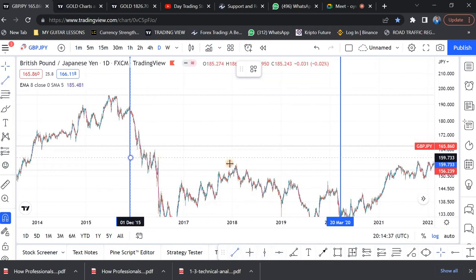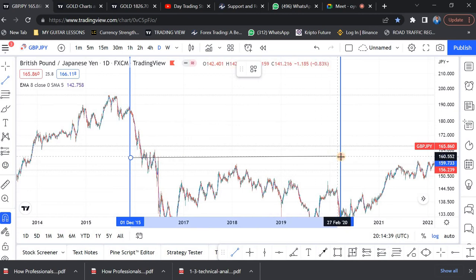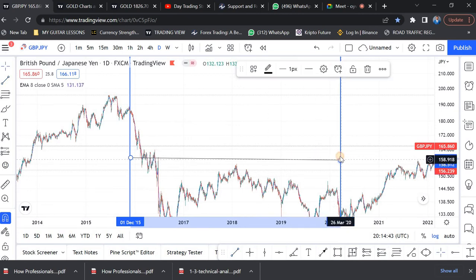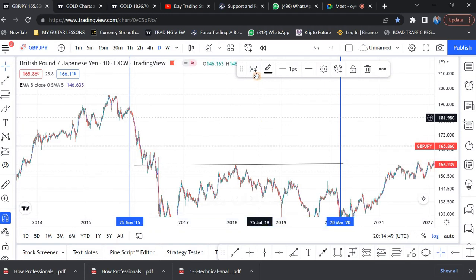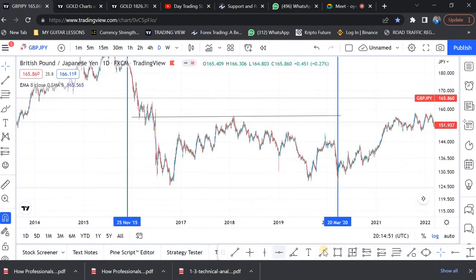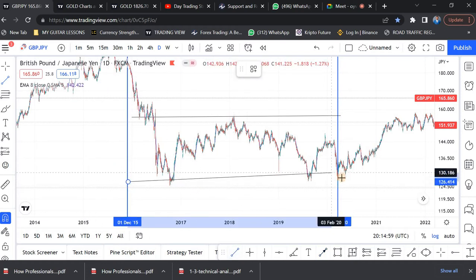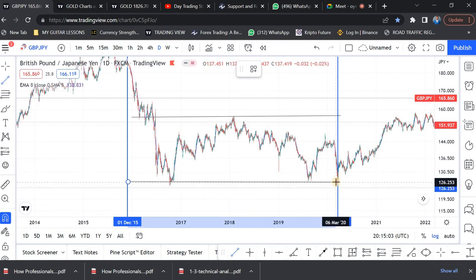Kindly give me just a second. I'm drawing some lines. I know some of you know what I'm doing, others are new to it. You'll get to understand when we start talking about it.